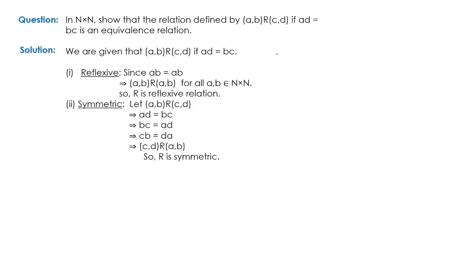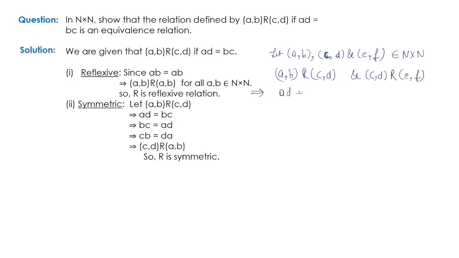Now for transitivity we consider three elements from the set. So let (A, B), (C, D) and (E, F) be the elements of N cross N. If (A, B) is related to (C, D) and (C, D) is related to (E, F), then A into D is equal to B into C, and C into F is equal to D into E. Now multiply both of them.